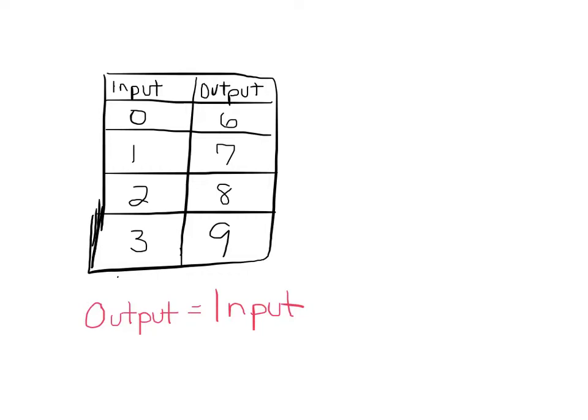In this case, how do I get from 0 to 6? Well, it seems like I add 6. But I can't stop there. 1 to 7, that adds 6 as well. 2 to 8, that adds 6 as well. 3 to 9, add 6 as well. So I have the output equaling the input plus 6 for this particular situation.